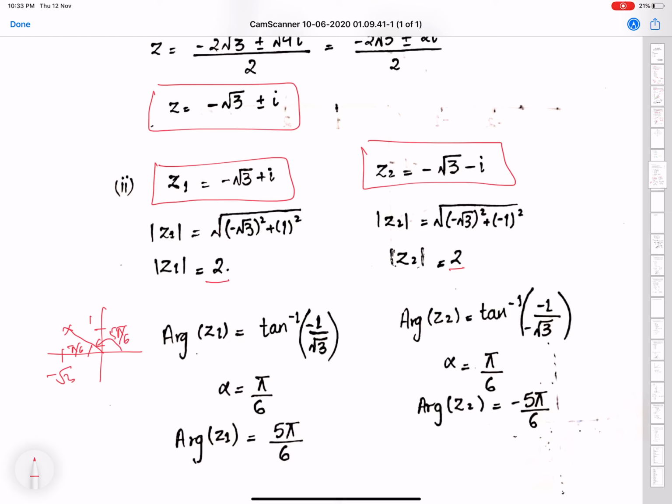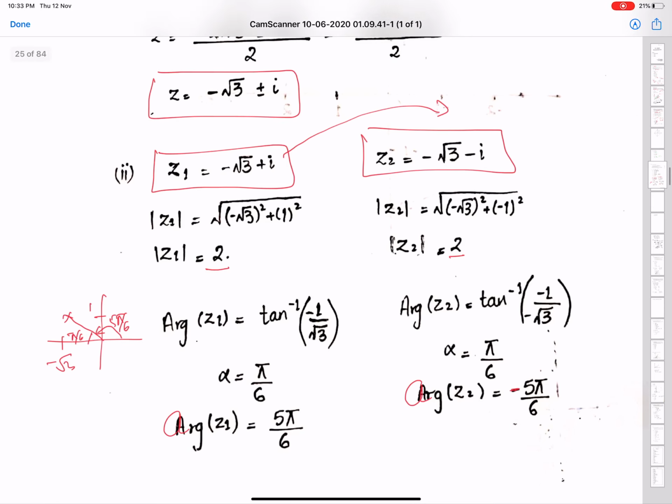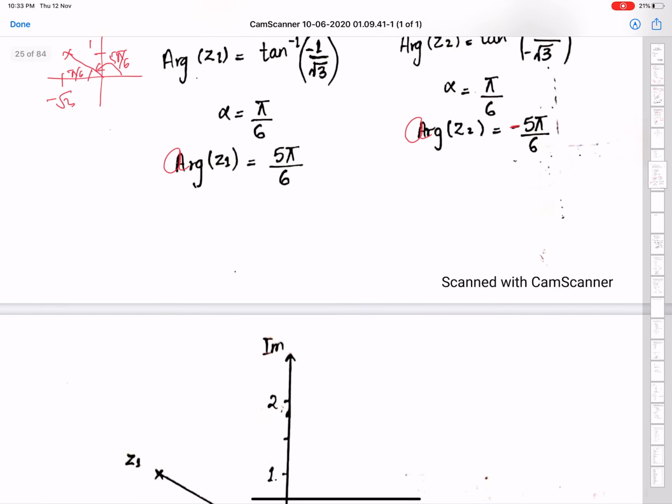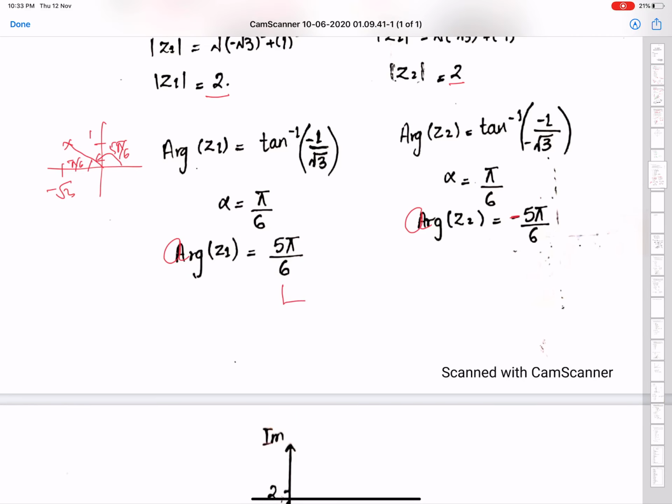And since this is the conjugate of this, its argument should be negative 5 pi by 6, because z and z star are reflections about the real axis. You must remember this concept: if the argument of z is 5 pi by 6, then its conjugate's argument will be negative 5 pi by 6. Signs are opposite.